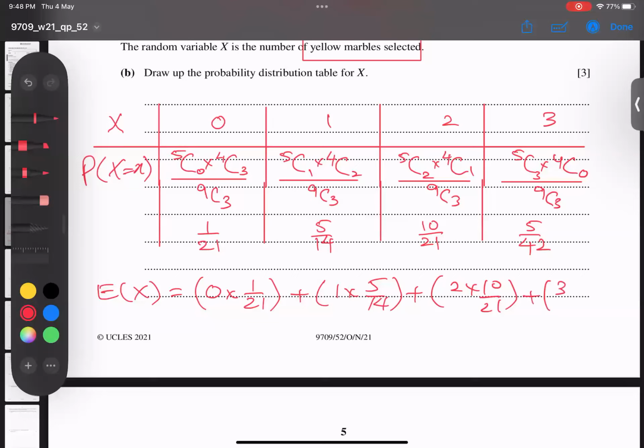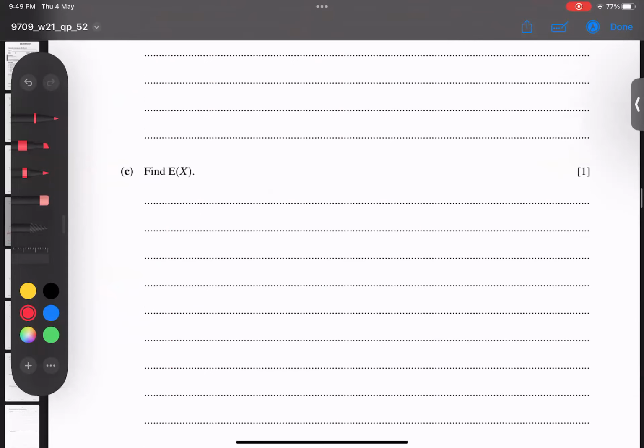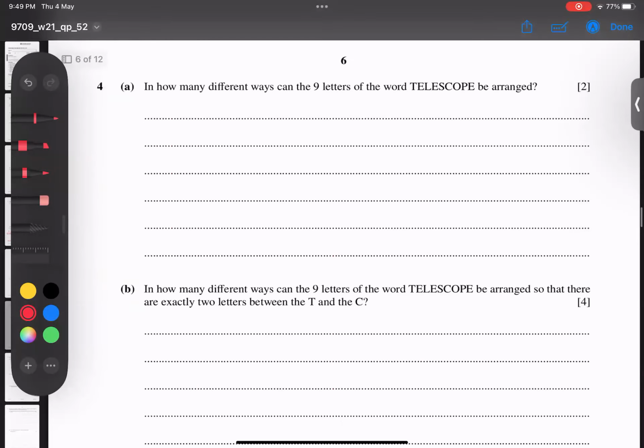And plus 3 times 2, 5 over 42. And finally, if you type in calculator, it is coming 5 over 3. So Alhamdulillah Rabbil Alameen, the point is very, very clear. We have done it. And let's go for the next question.